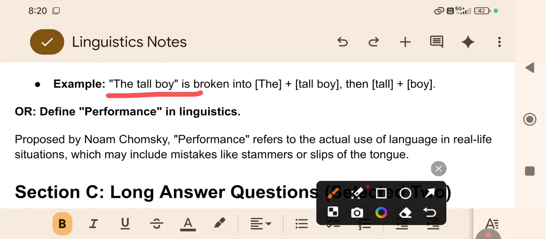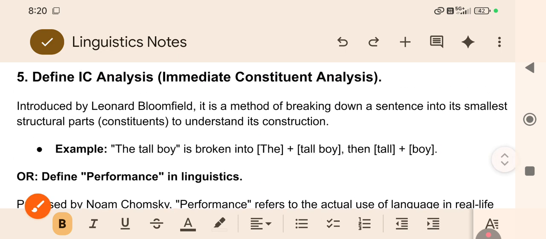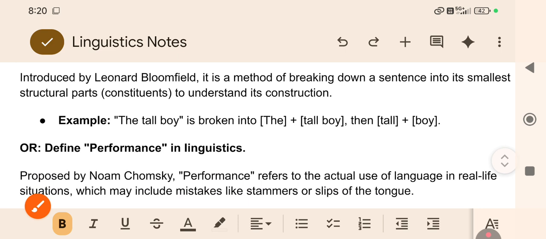That is broken into the, then tall boy, then tall boy again is broken into the next constituents, right? A constituent is also called a structural part. So that is the basic definition of IC analysis, the process where we break down the sentence into its constituents, right?